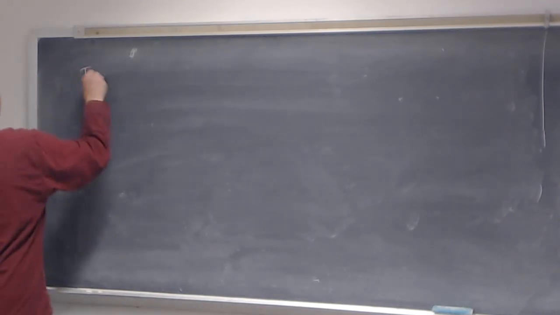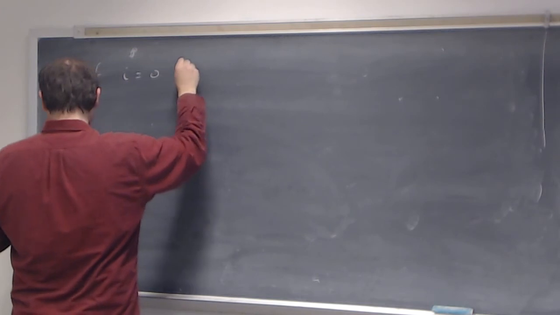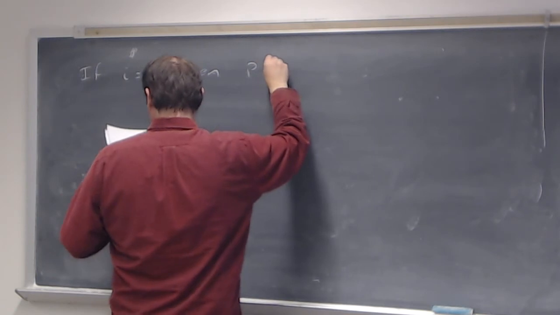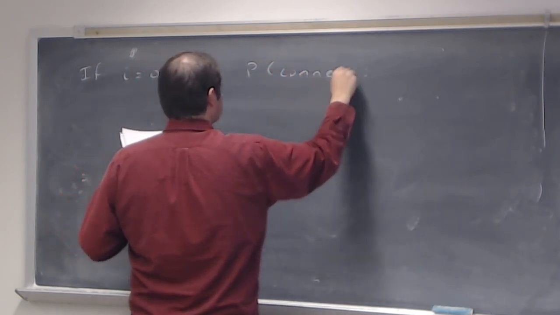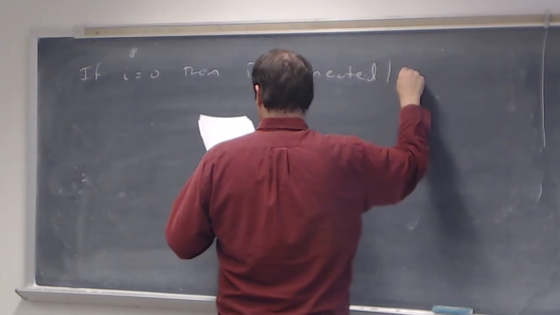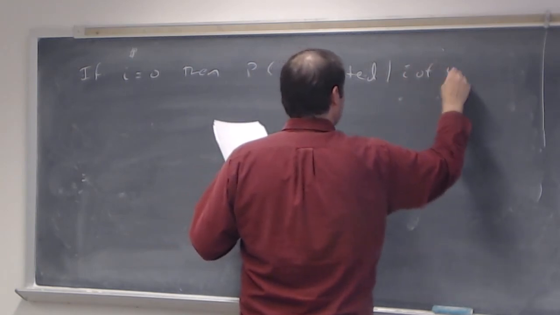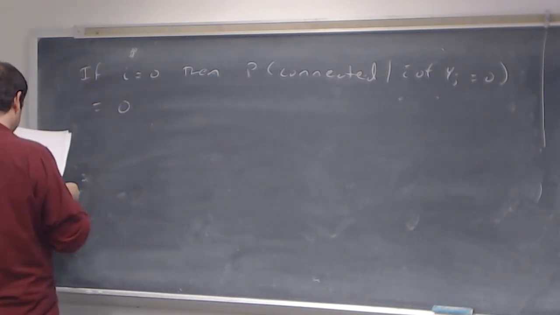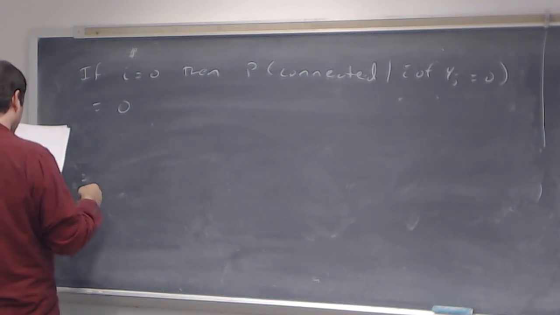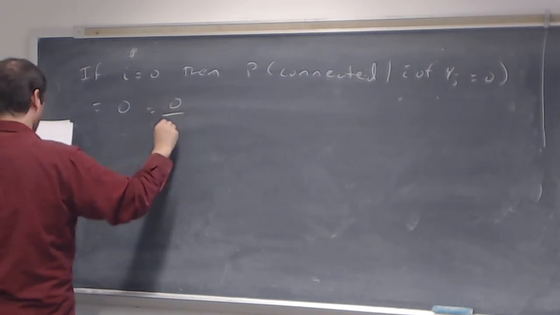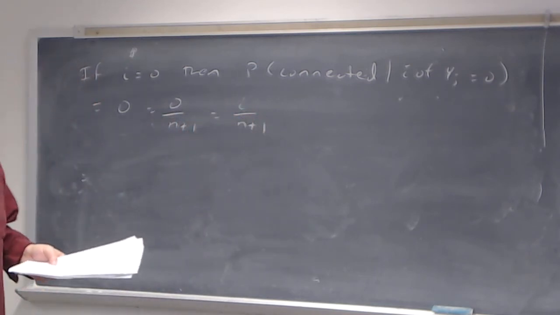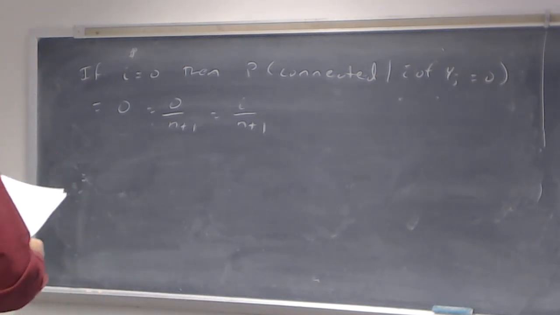If I is equal to 0, then, excuse me, the probability connected given I of the y sub j is equal to 0 is 0. That's what's going to happen because it can't be connected in that case. But that's equal to 0 over n plus 1, which equals I over n plus 1, which is the same situation here.